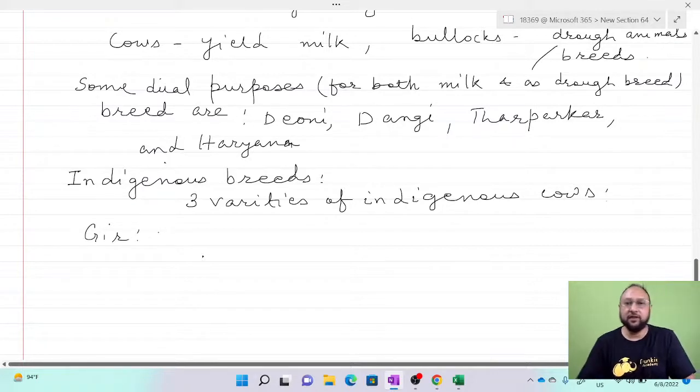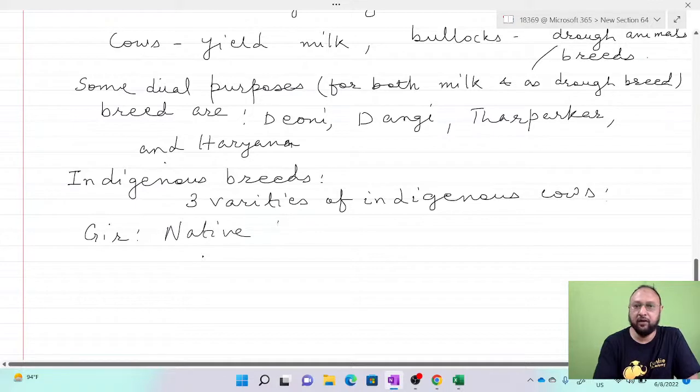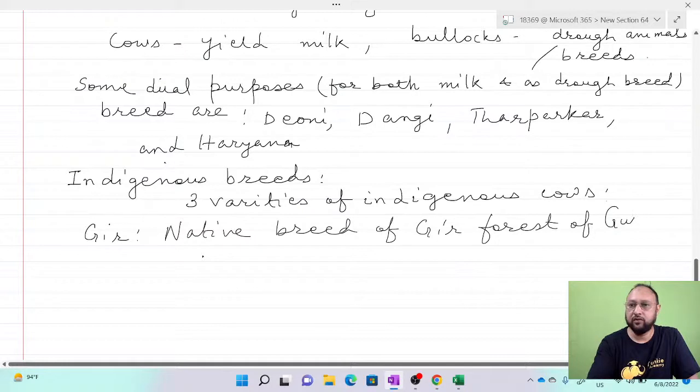It is a native breed of the Gir forest of Gujarat. It is medium size, but it's a good milk yielder.